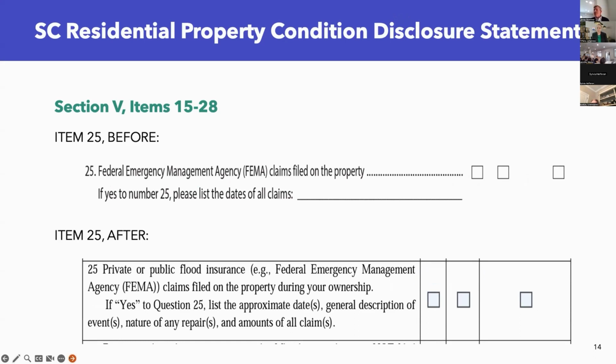Because we run into this situation where you could see on public records that it's in the flood zone, but yet the seller's saying, no, I'm not required to have flood insurance. So does that fall in a time period where they have so much time before they have to be notified that they have to have flood insurance?